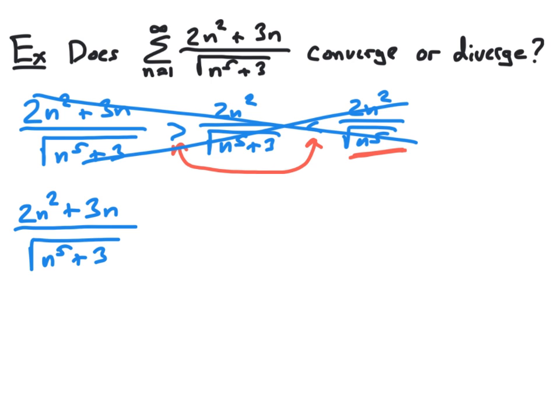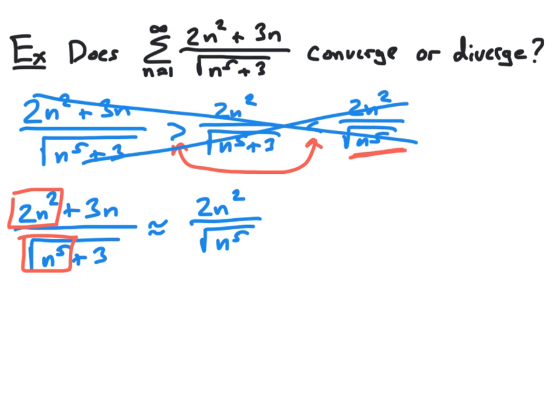We already know what it's going to be because we found it in our first line that we crossed out, but we can always find it without thinking about inequalities. We can just focus on the leading term in each of the numerator and denominator. And so this is going to be approximately equal to 2n squared over the square root of n to the fifth.